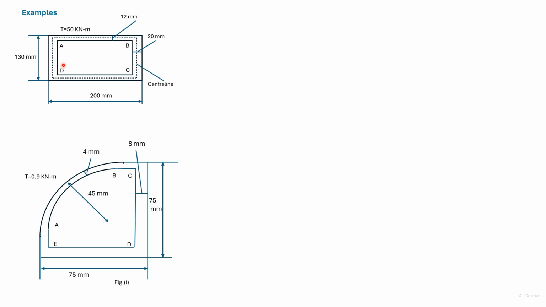Now let us look at the dimension of the center line along the horizontal direction. Then the dimension would be given by this width of the section minus half the thickness on one side and half the thickness on the other side.